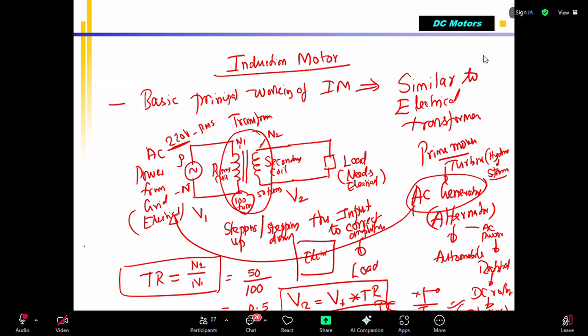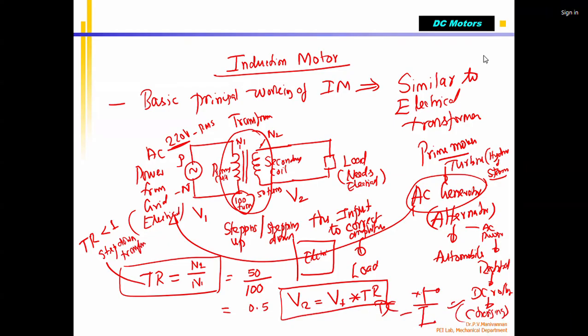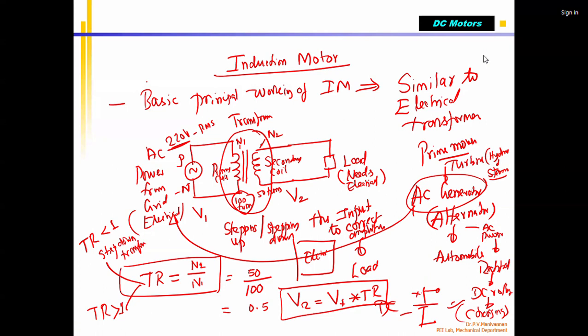If the TR value is less than 1, it is called a step down transformer. Instead, if the TR is greater than 1, it is called a step up transformer.